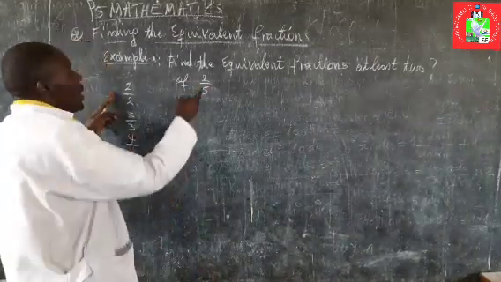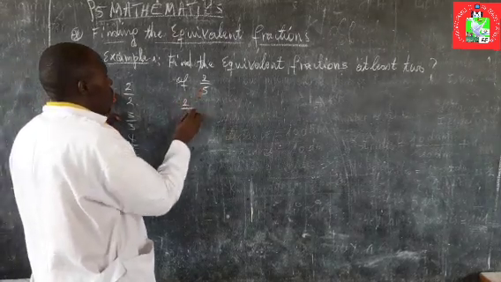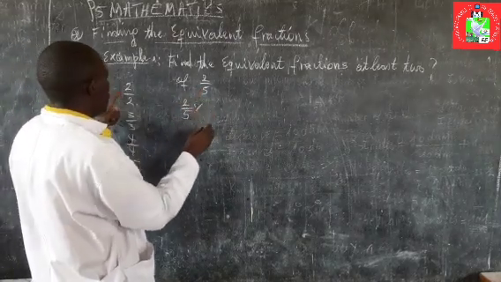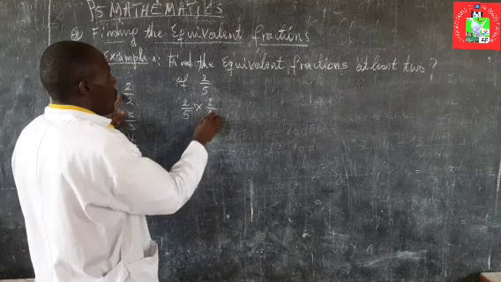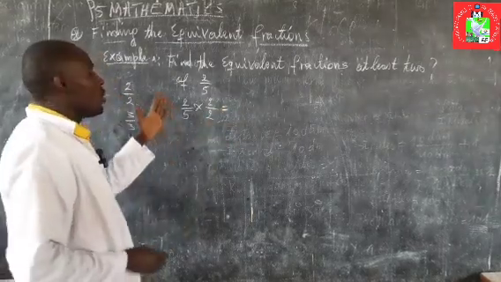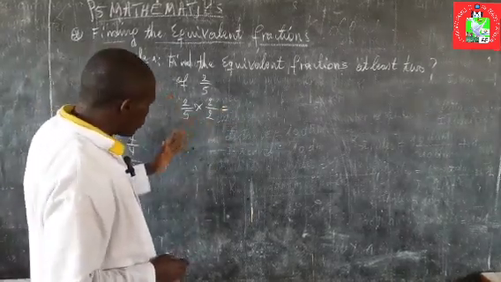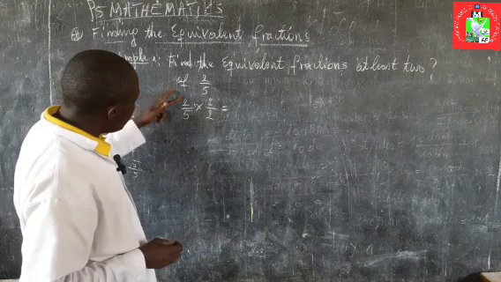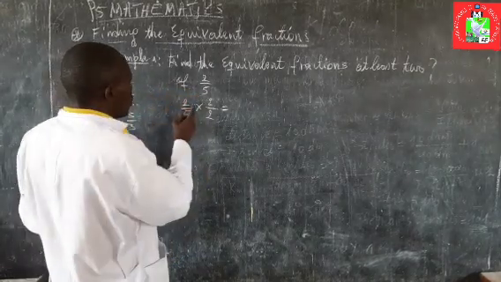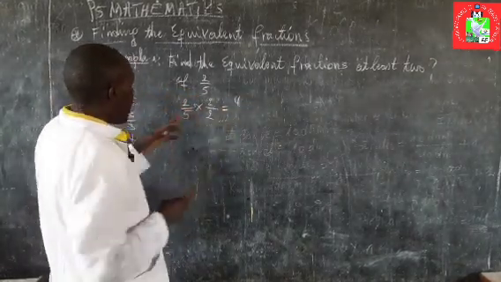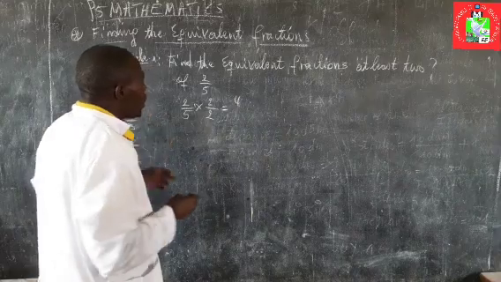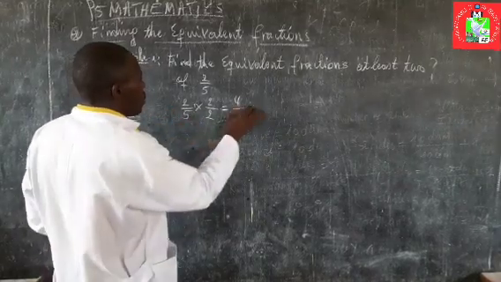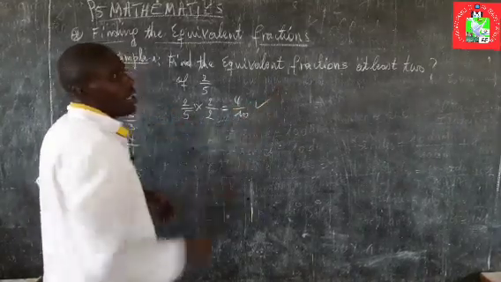So, 2 over 5 times 2 over 2. When multiplying fractions, we take numerator times numerator, 2 times 2 is equal to 4, and denominator times denominator, 5 times 2 is equal to 10. This is equivalent 1.